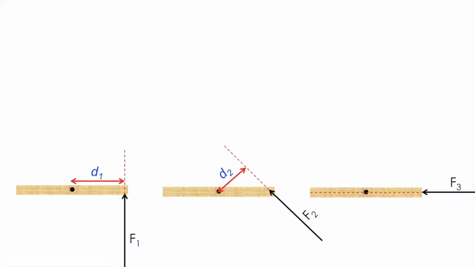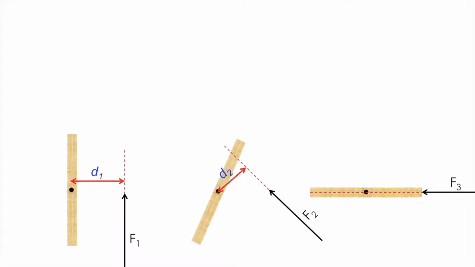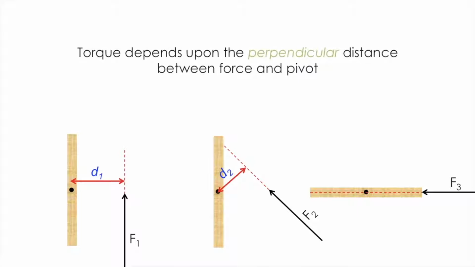So here the torque in the first plank is greatest, followed by the second plank, and in the third plank the torque is 0. So what we can say is that torque depends upon not just the distance but the perpendicular distance between the force and the pivot.